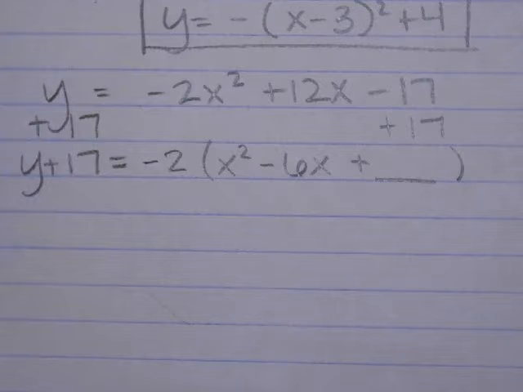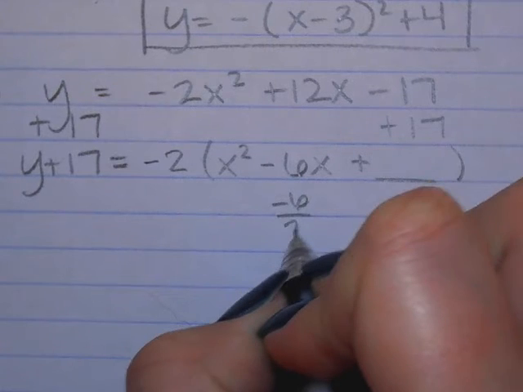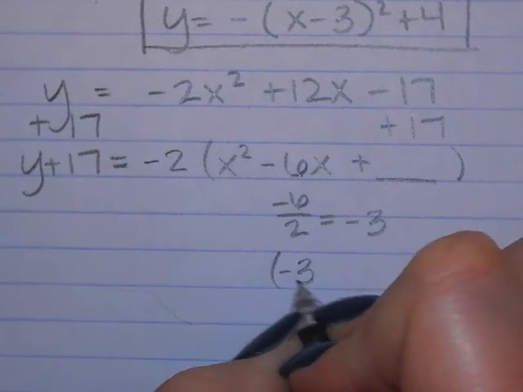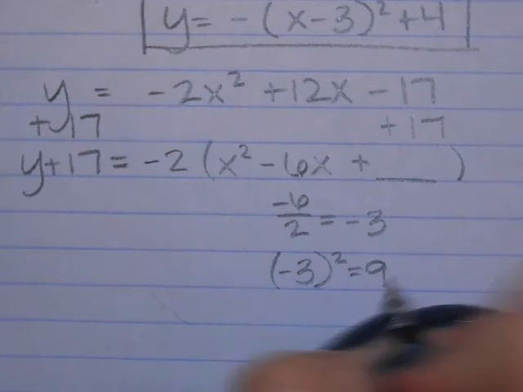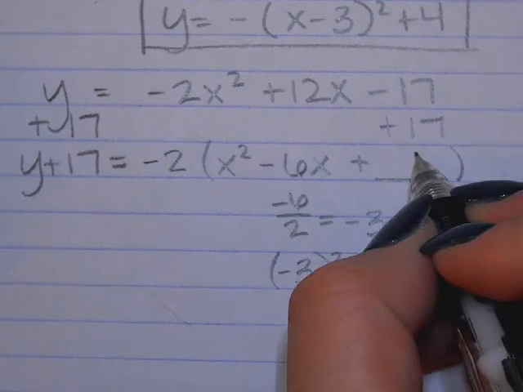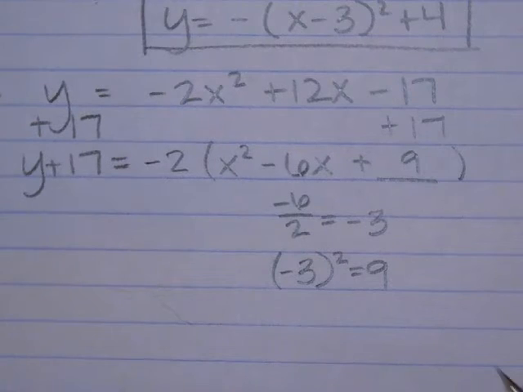We keeping up okay? All right. And then divide by 2, square it thing. And then I say, but I didn't really add 9.